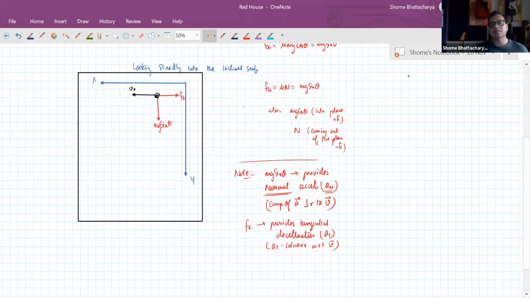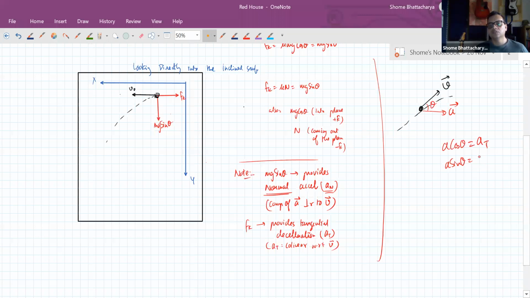So whenever a particle has a curved path, like even in projectile motion you would have studied, the instantaneous velocity of the particle and the instantaneous acceleration are not in the same direction. So if this angle is theta, in general a cos theta is what we call the tangential component, and a sin theta is the normal component. Don't confuse this diagram, this is the general case.